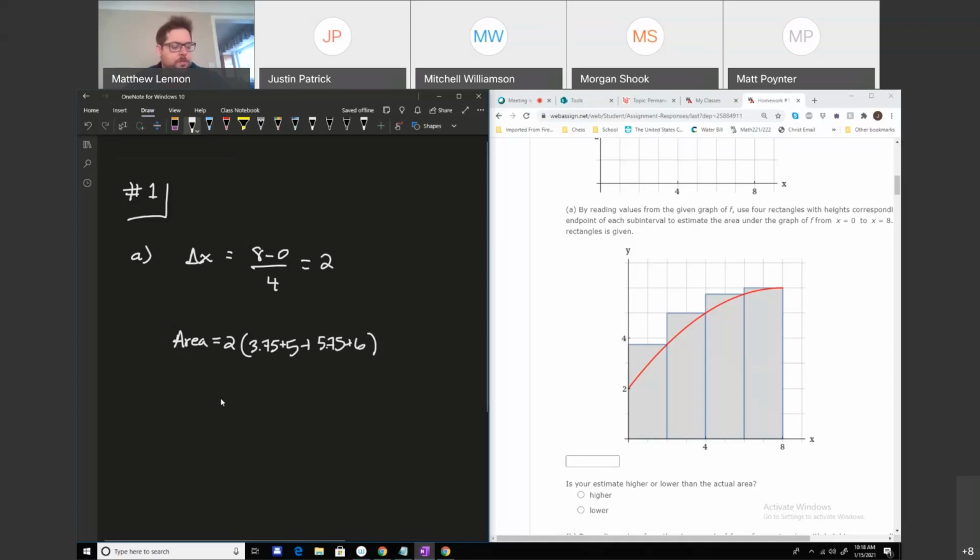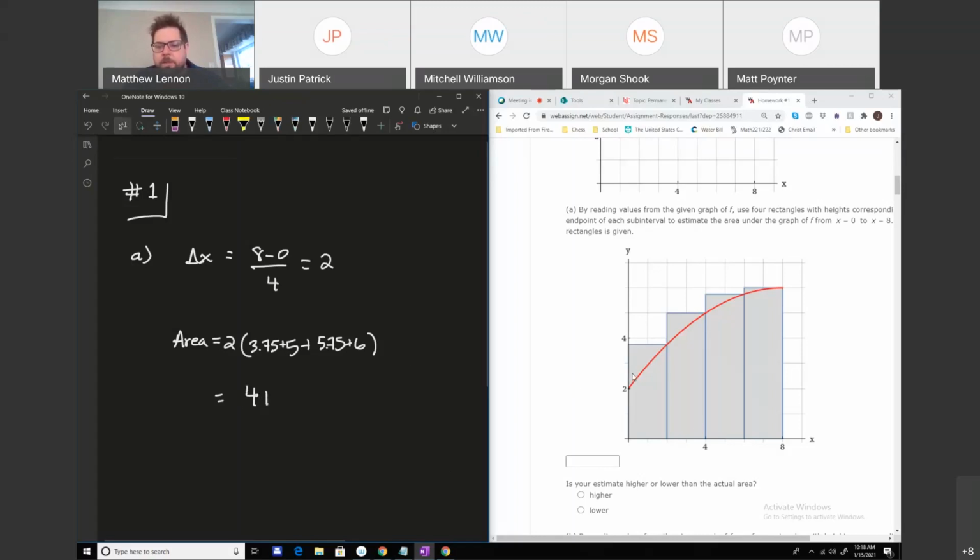So we want to run that through the calculator. And we'll see if they accept it. It's always difficult when the scale is not super precise and you're supposed to get kind of a precise measurement. So I'm getting 41. We'll see if it likes that answer.